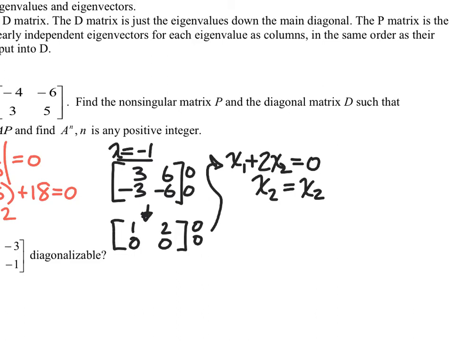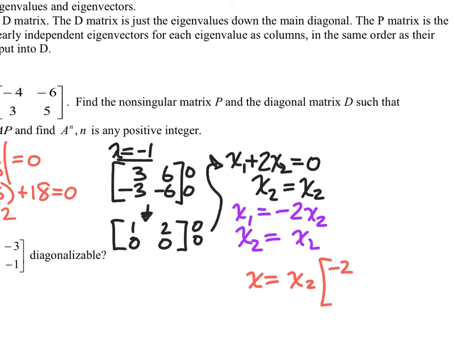Again, I'm not going to skip it. x1 is equal to -2x2 with x2 equal to x2. And that gives me x equal to x2 times (-2, 1). All right, so that's my first eigenvector.